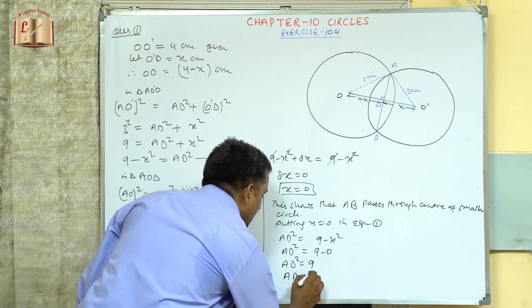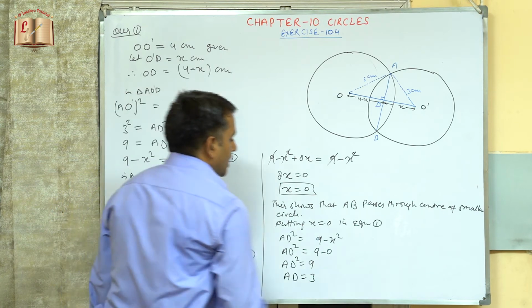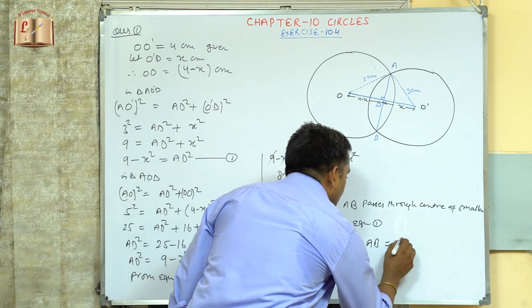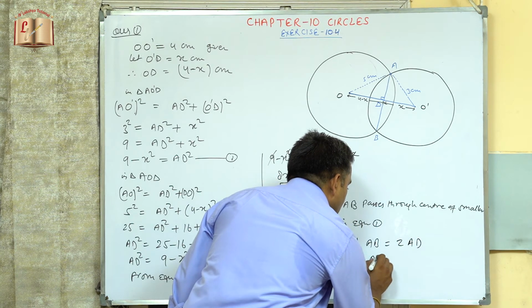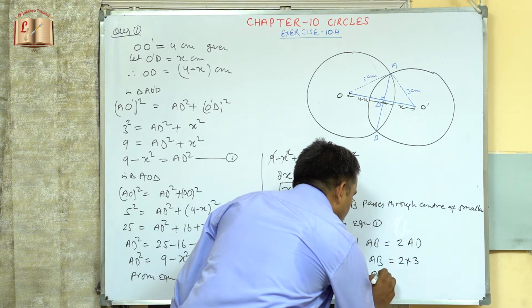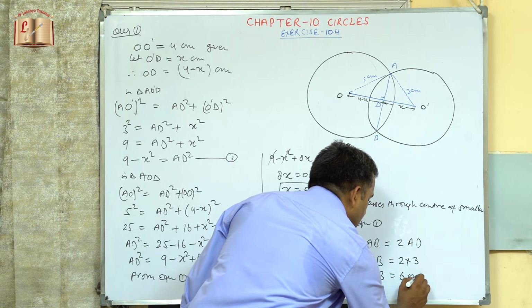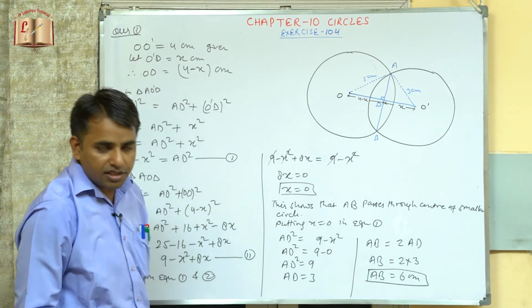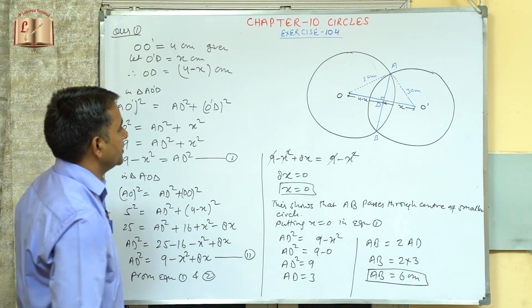So we got AD as 3 centimeters. Now AB will be twice of this. So AB is equal to twice AD, therefore AB is equal to 2 into 3, and we got AB is equal to 6 centimeters. So we got the length of the chord as 6 centimeters.